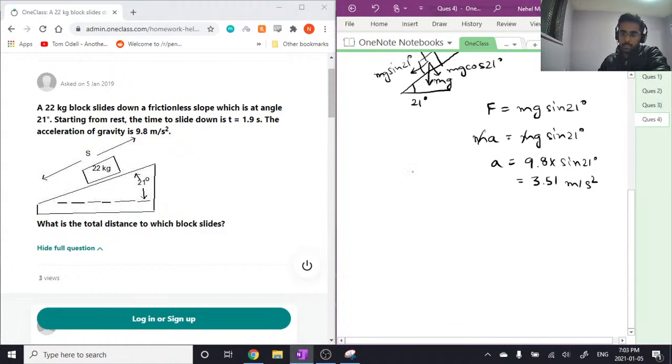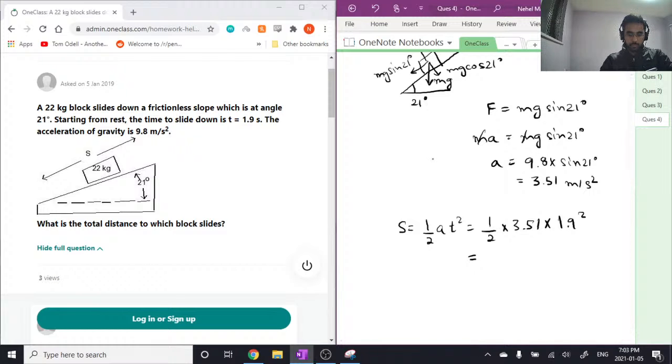And if we plug that back into our equation, which was s is equal to half at squared, we get half times 3.51 times time, which is 1.9. Therefore, this becomes 3.51 times 1.9 squared times 0.5, which is 6.33 meters.